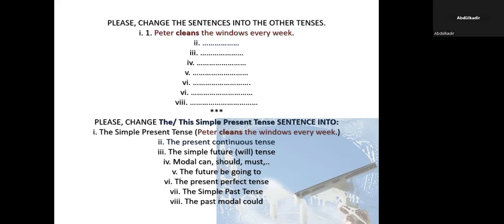How can we express the same message in this present tense sentence, Peter cleans the windows every day, with the simple future tense? With will, for example. Peter will clean, yes, it transforms into this form. Peter will clean the windows tomorrow. Not every day now. We delete every day, and we put there a future expression. Peter will clean the windows tomorrow, next week, next Sunday.